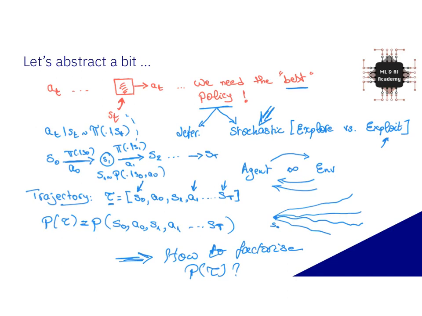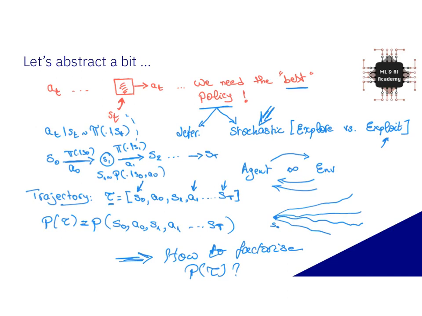Right, so let's recap. We said that in RL, we had a state space, an action space, a reward function, a stochastic transition model due to sensory noise, and then we introduced as well a stochastic policy pi. Due to that, every time the agent interacts with the environment, what it will observe is some form of a trajectory tau, but that trajectory tau itself is random because the transition is random and the policy is random.